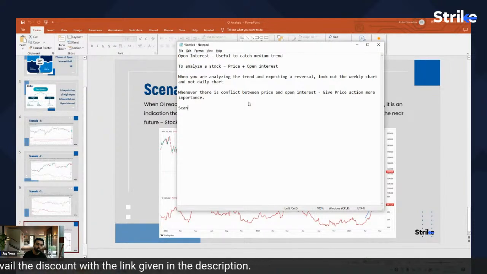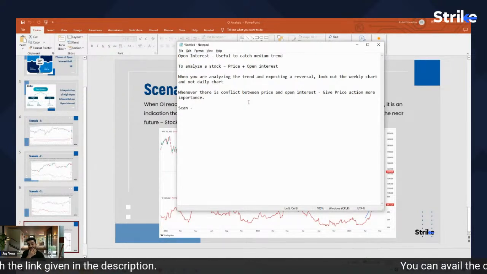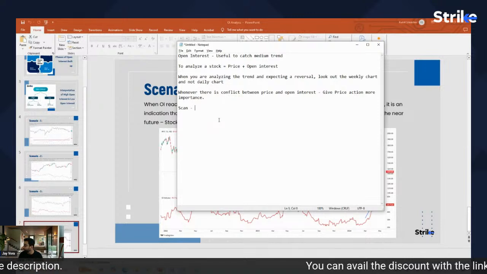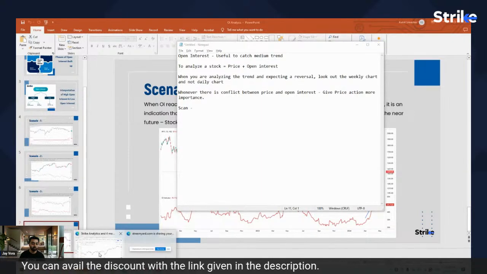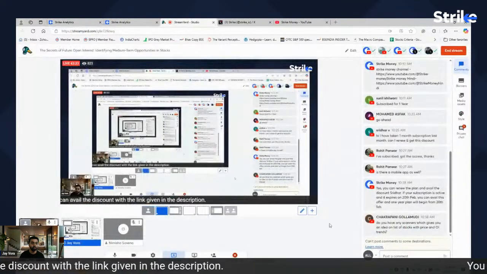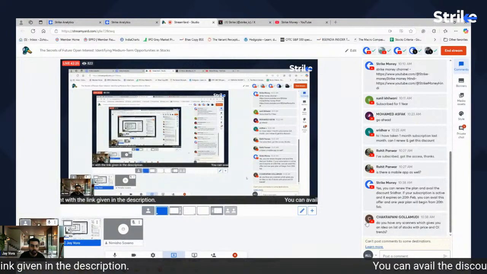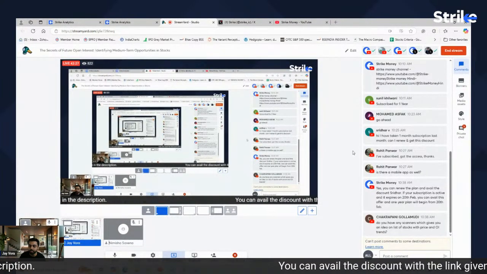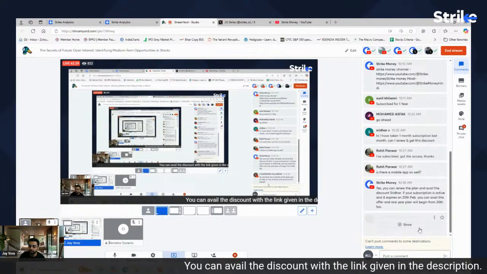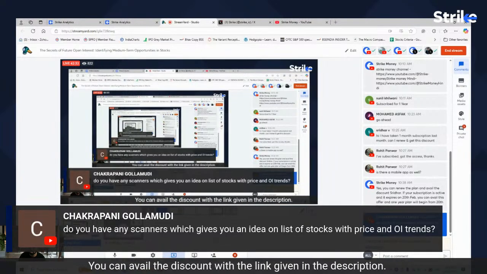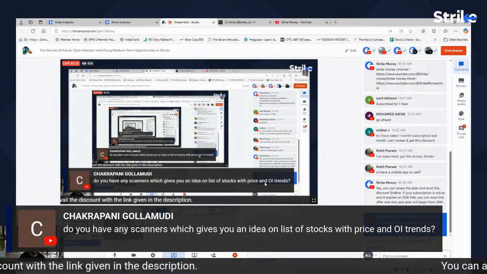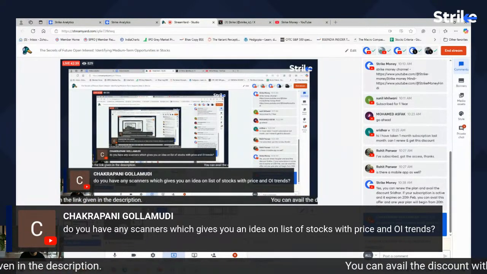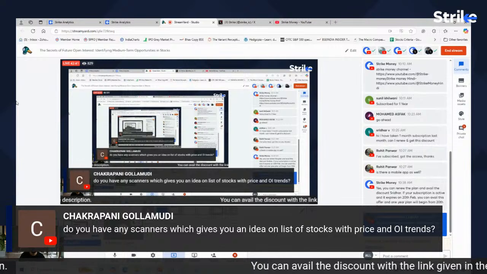Now how do you scan, how will you know whether a stock is normally at high open interest or normally at low open interest? For this there are two things that are very helpful. So wait one minute before going to the scanners, I am just seeing if there is any question. There is one question: do you have any scanners which give you the list of stocks? Yes, so this is what I am coming to right now.